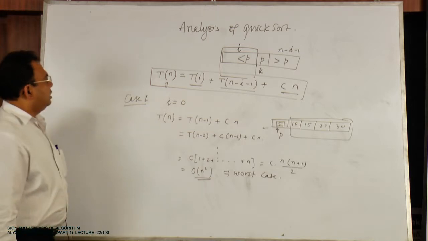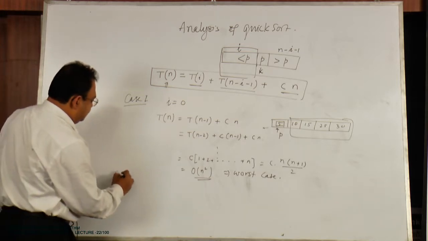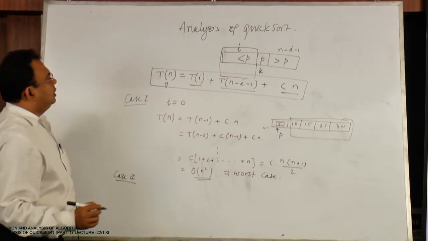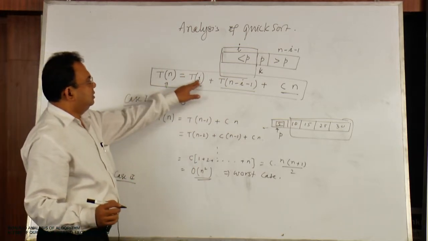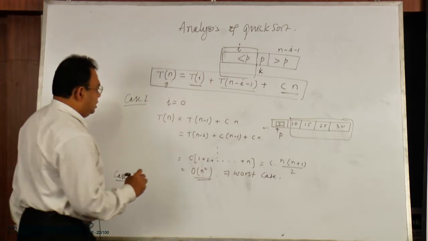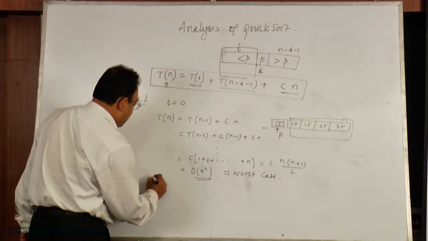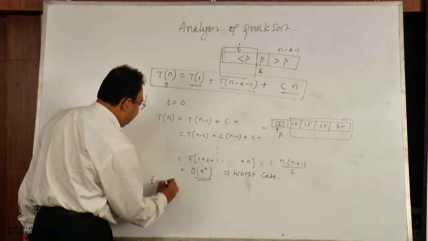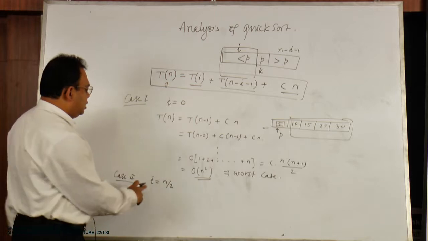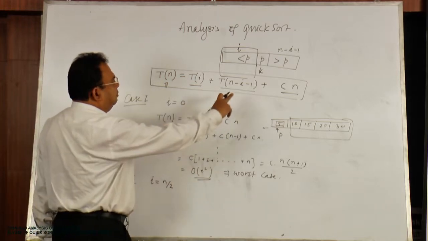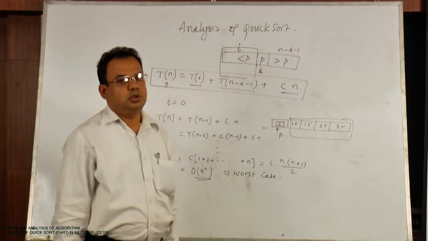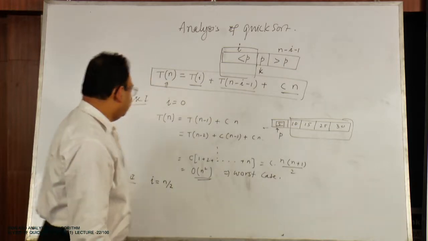Okay. Now, consider another case where the pivot element is such that it will divide the array into two equal parts every time. So, in that case i is roughly n by 2, either the ceiling value or the floor value, I am ignoring that. So, the partitioning element is chosen in such a way that it will divide the array into two equal parts.